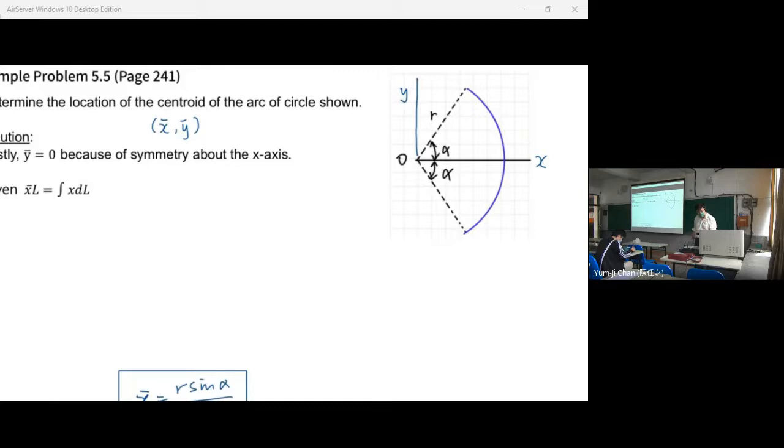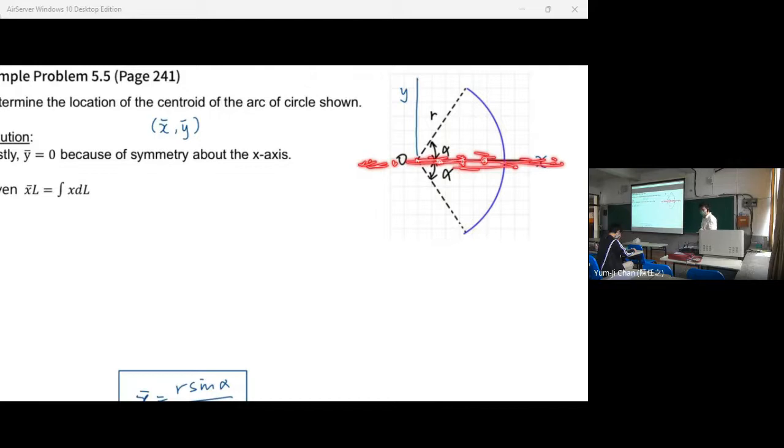Because this shape is symmetric about the x-axis, this is symmetric, right? This one and this one are equal. So the centroid must be located somewhere here, on this line.